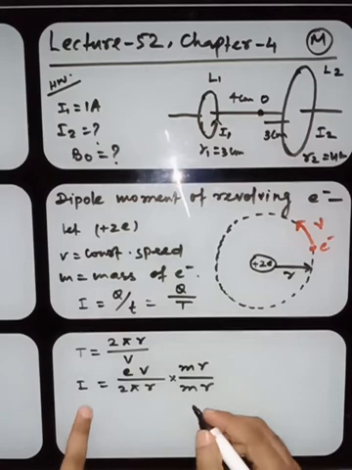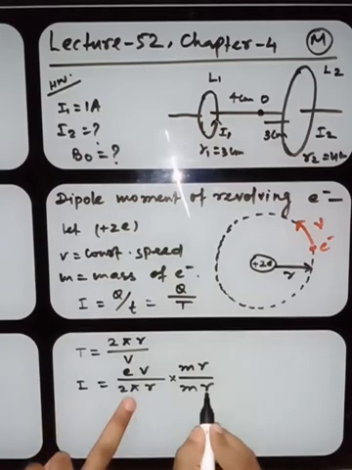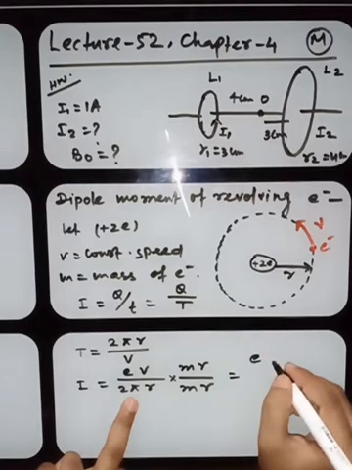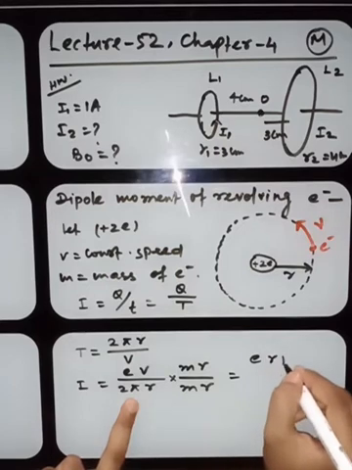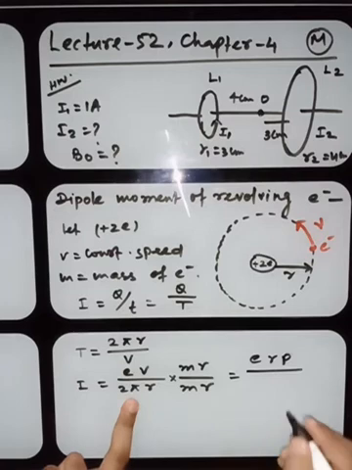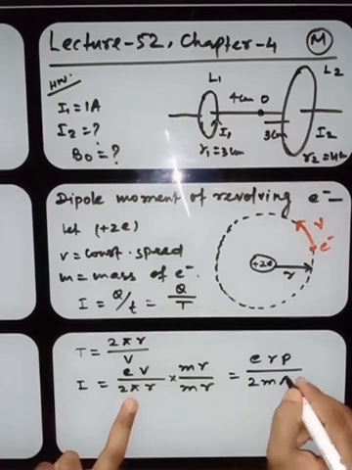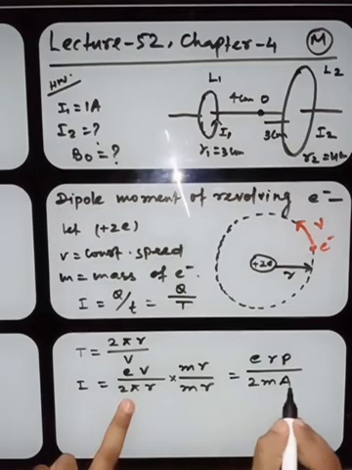Look here carefully: pi r square will be the area, e, mv will be the linear momentum, divided by 2m, and pi r square will be A.